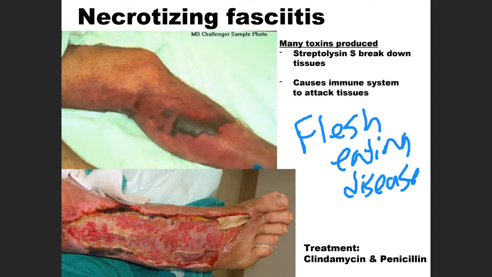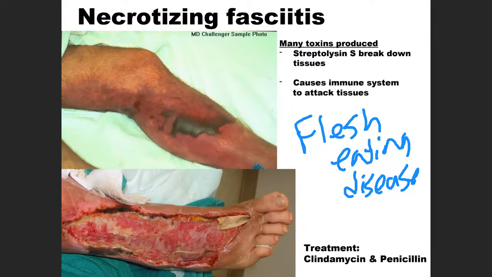So a lot of the damage you see here is caused by a combination of the toxin made by the bacteria and your own immune system reacting against it. But since it does look like the flesh is eating away, they conveniently call this the flesh-eating disease.